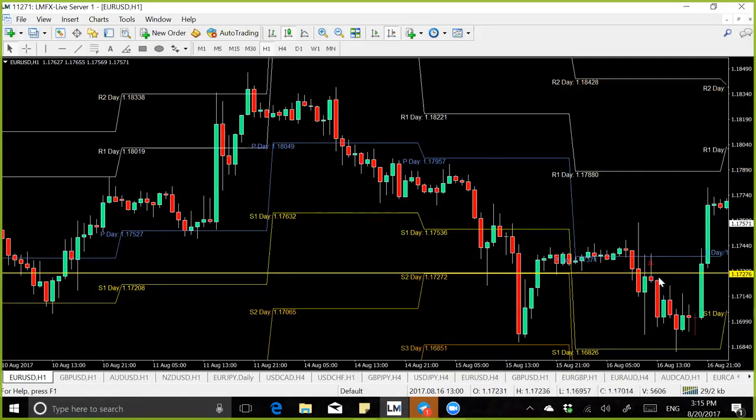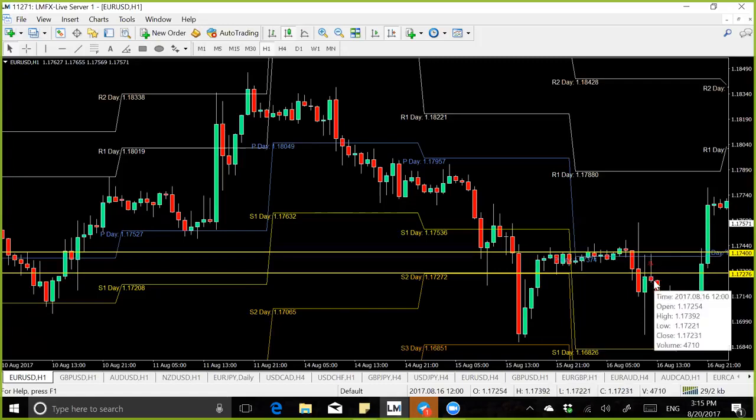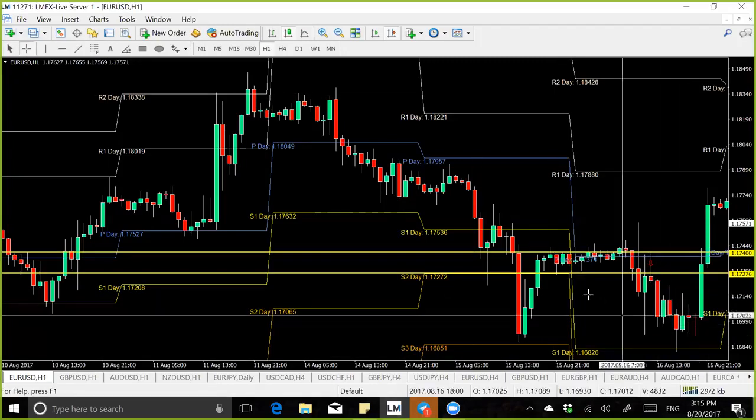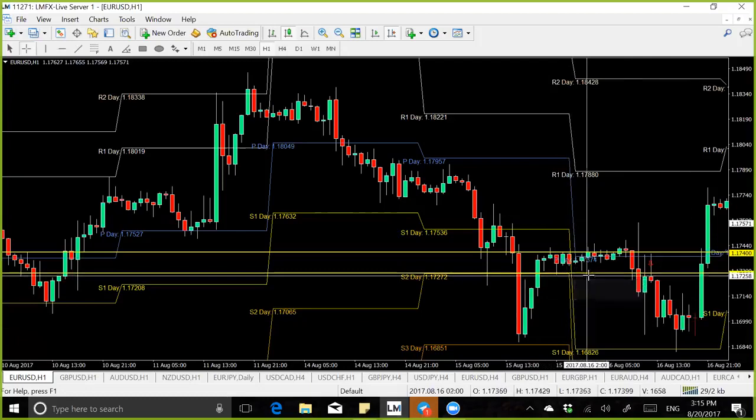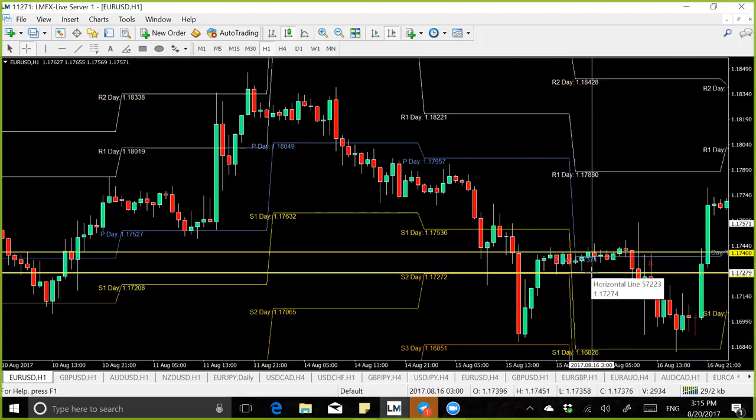So you simply enter at the next candle, you sell at the next candle, your stop loss just above the wick of the exhaustion candle. We don't want to risk too much in this. We enter there. Now, it's bouncing off of this pivot. So what's the closest pivot to this within the 3 days?